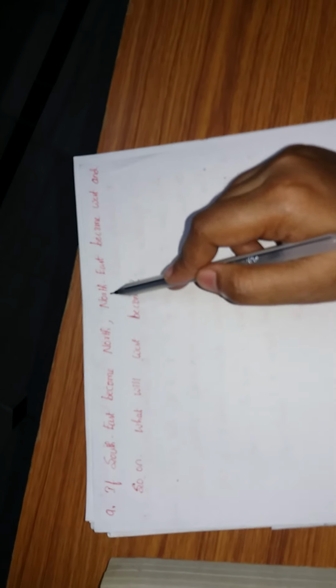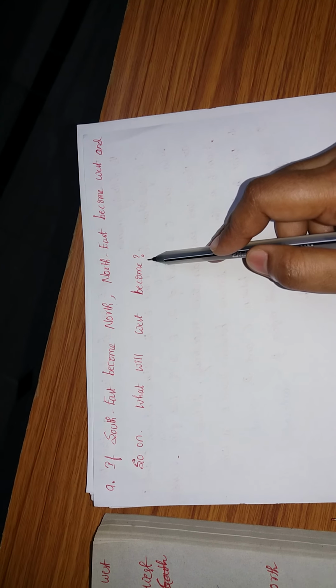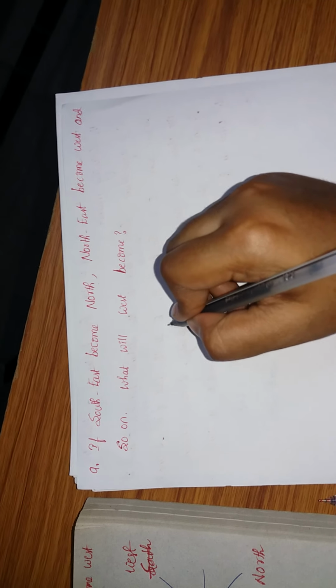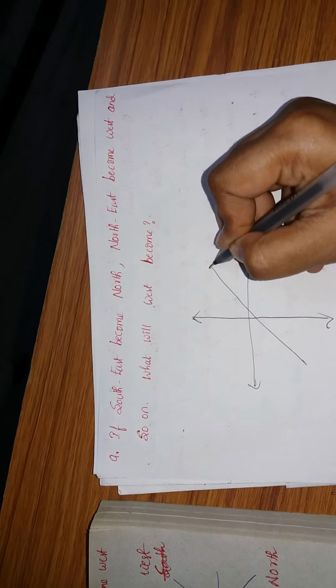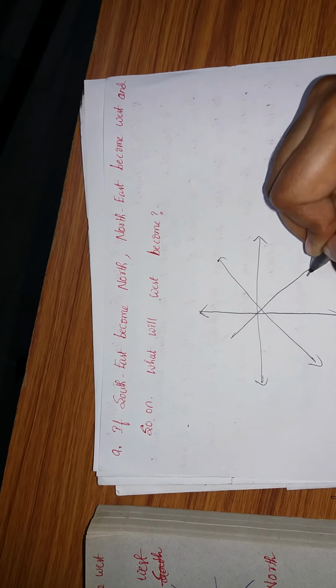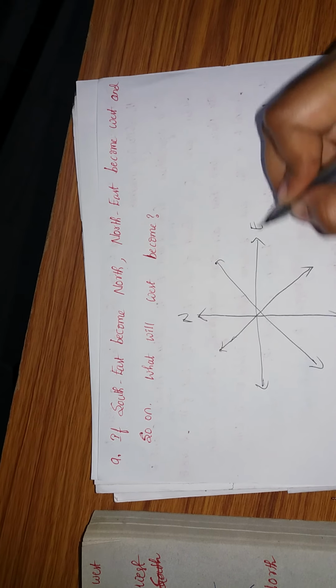If southeast becomes north, northeast becomes west, and so on, what will west become? First, we have to draw the directions diagram: north, south, east, west, northwest, northeast, southeast, southwest.